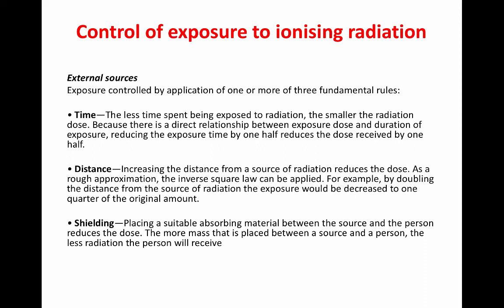Placing a suitable absorbing material to provide shielding between the source and the person reduces the dose. The more mass that's placed between a source and a person, the less radiation the person will receive. The different types of ionizing radiation require different approaches to shielding.